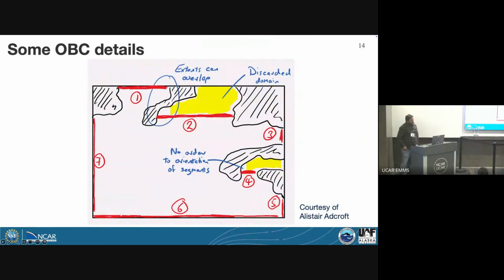So now I'm going to talk more specifically about open boundary conditions in the model. You saw that chart from Alistair yesterday. When the open boundaries were designed in MOM6, the main idea was to make them as flexible as possible.